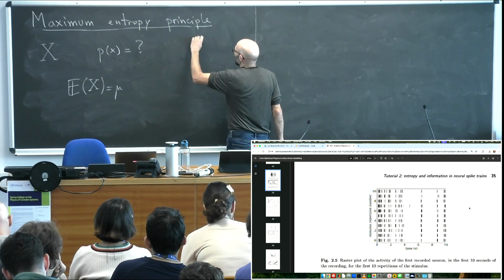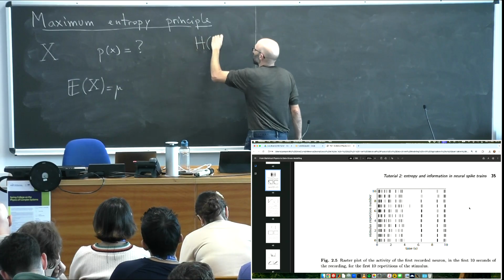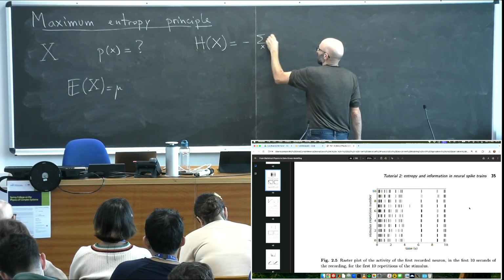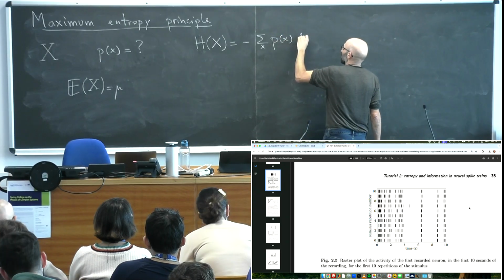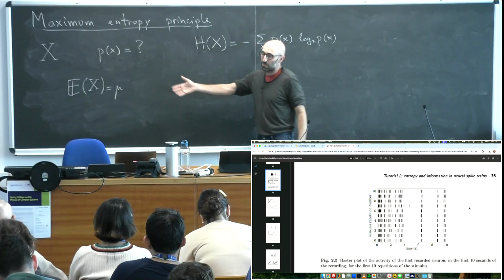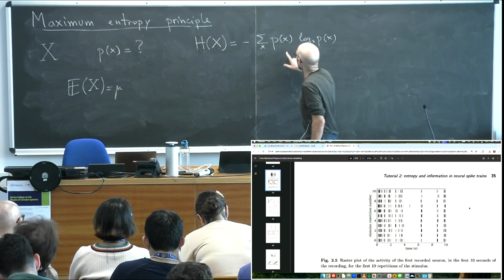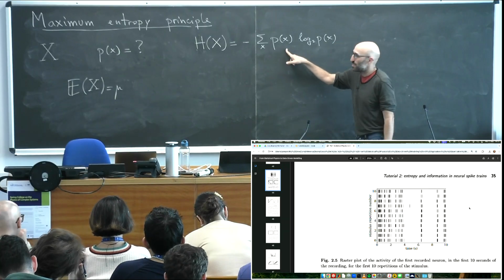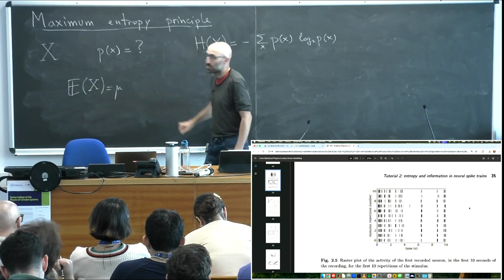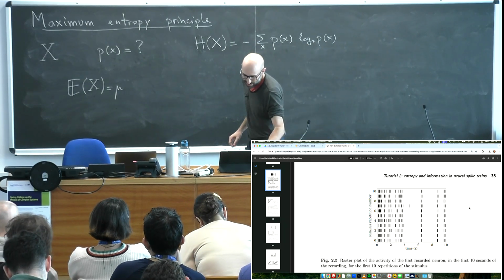So I introduce the entropy, H, and I want to maximize the entropy, but now subject to the constraints that come from the information that I have. So for example, I might try to maximize the entropy while fixing the average of the variable to a certain value, okay?